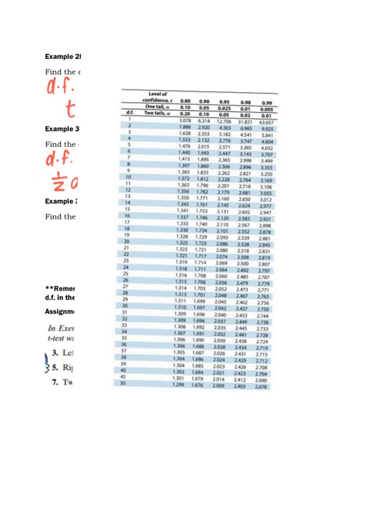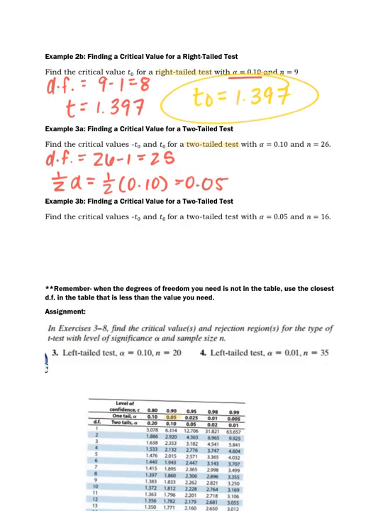And we go down and it's 1.708. But remember, we have two tails, so we have negative t0 and positive t0. So we have positive 1.708 and negative 1.708. The critical values are going to be that 1.708, but the one on the left is negative and the one on the right is positive.